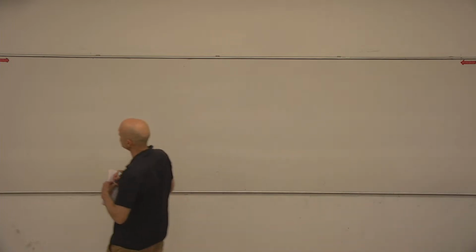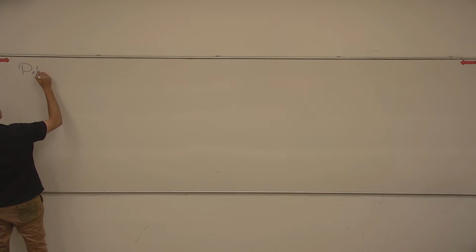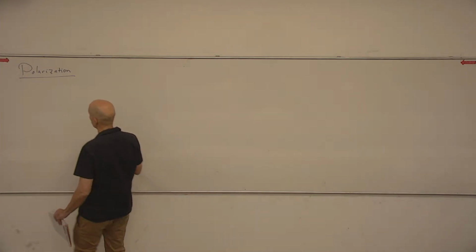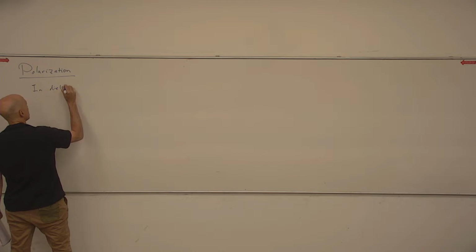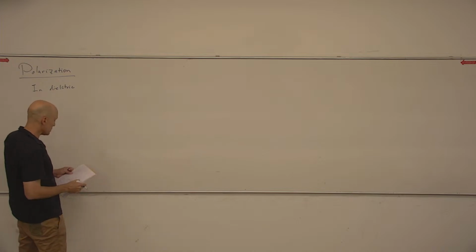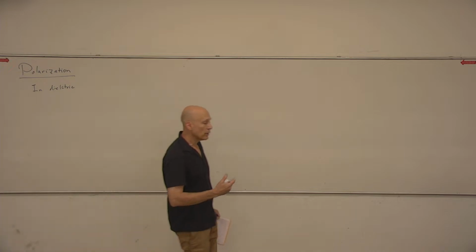So what we are going to discuss now is polarization. Polarization field is the following. In dielectric materials, so again, we discussed a lot conductors, now we're going to discuss dielectric materials. Obviously the properties of dielectrics are very different from conductors.